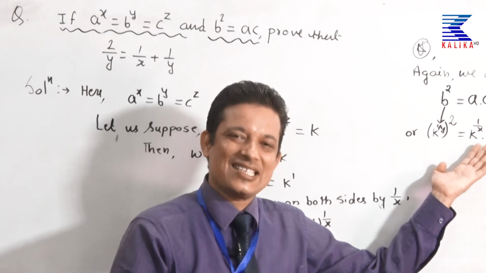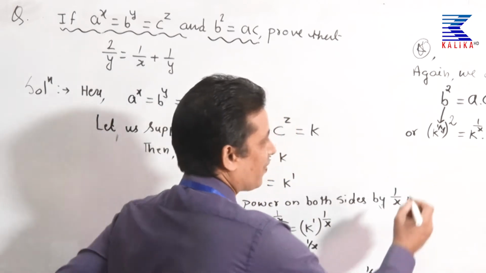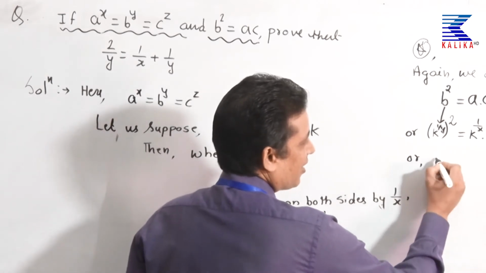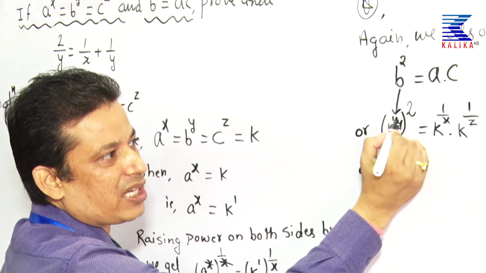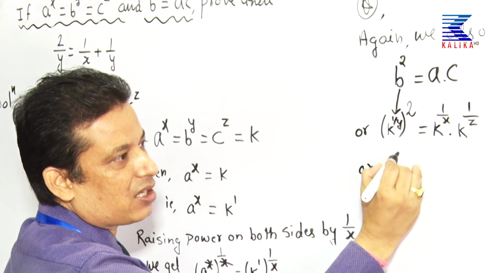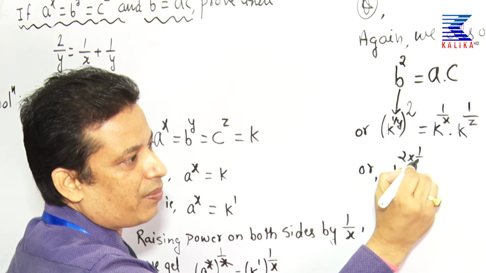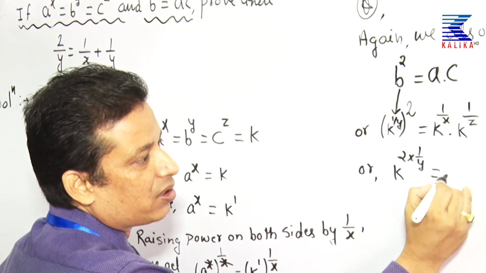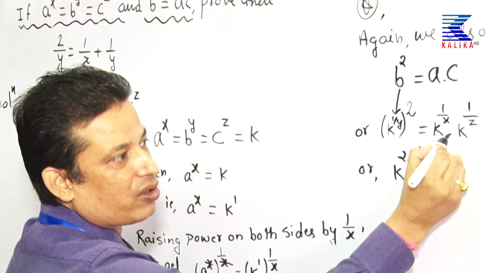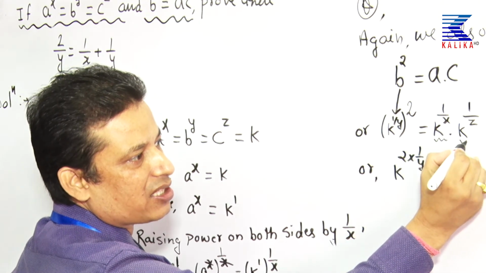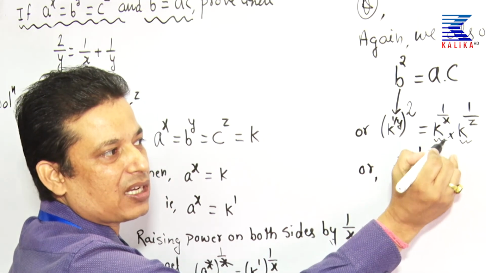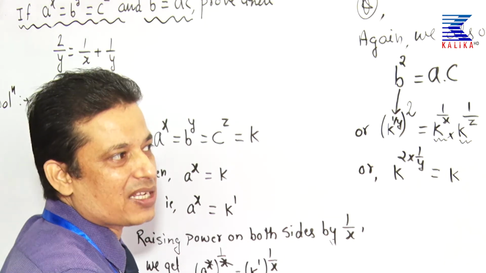Now, k^(2 times 1/y). Let me see, the base is k here, base is k here, and the mathematical operation sign is multiplication here.